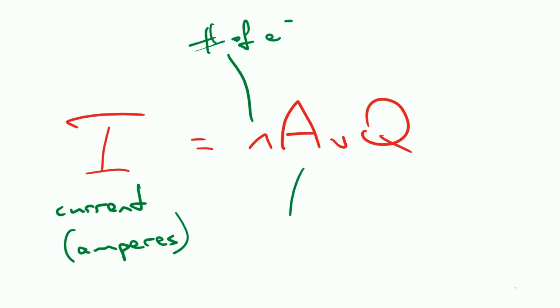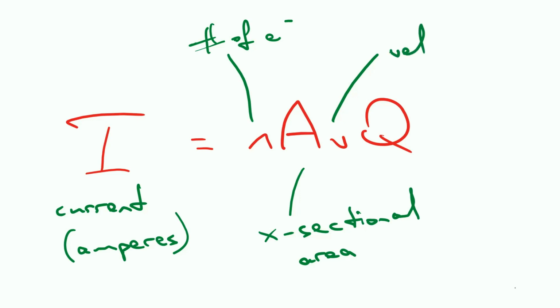A is the cross-sectional area of the piece of metal, so essentially of the wire that the electrons are apparently racing down, and we'll see they're not racing down at all, but that's the cross-sectional area. V is the velocity. So this is how quickly the electrons are moving, and what we're going to do is calculate the velocity and see that it's actually really, really small.